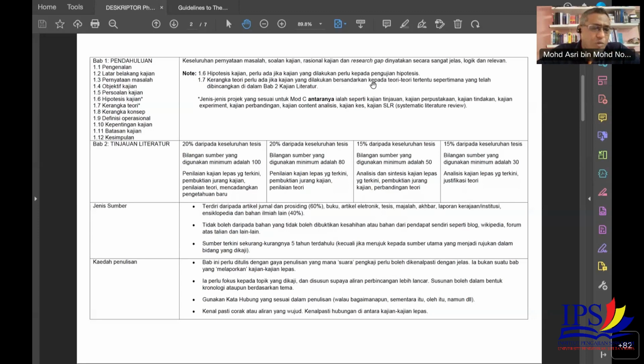So that's why usually we would suggest that, especially if you're preparing your problem statement section, your research background section, we would encourage our students to support this with references that are more up to date, because then it will give more value to the problem statement section or the research background section, because we can see that this is a very pressing matter.